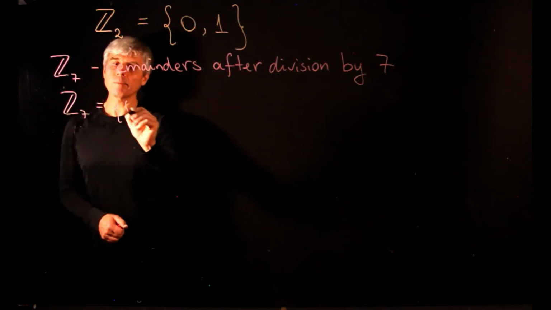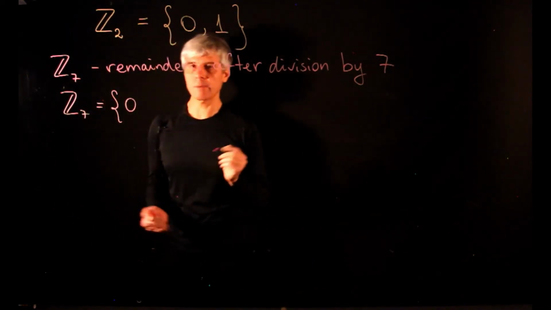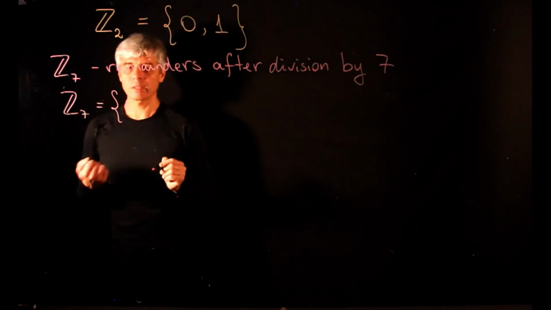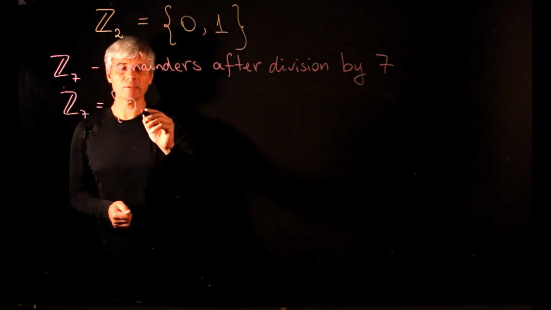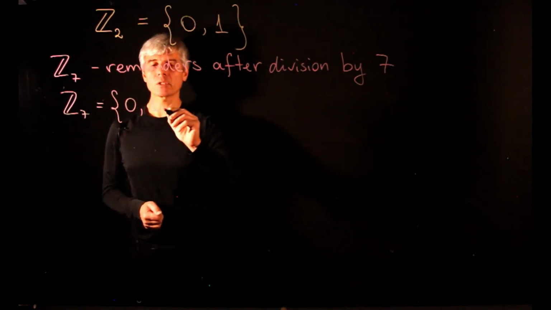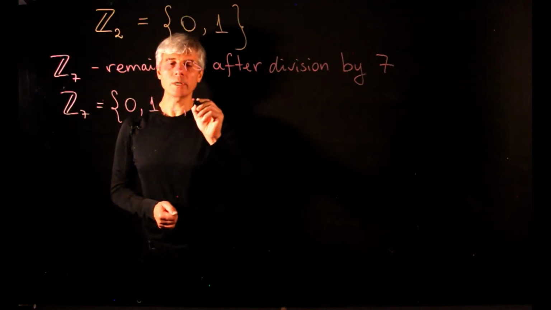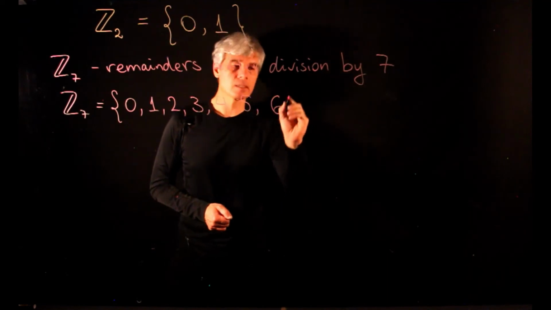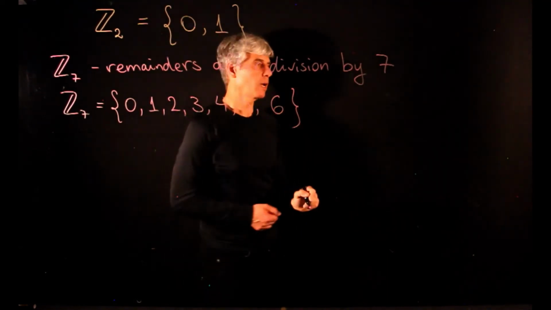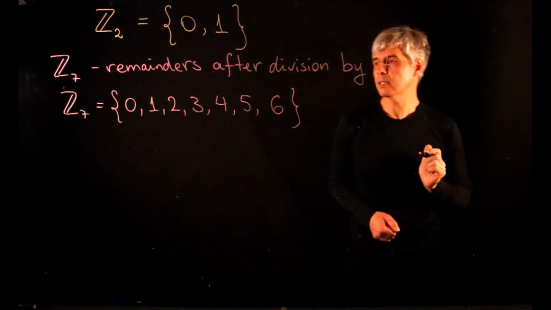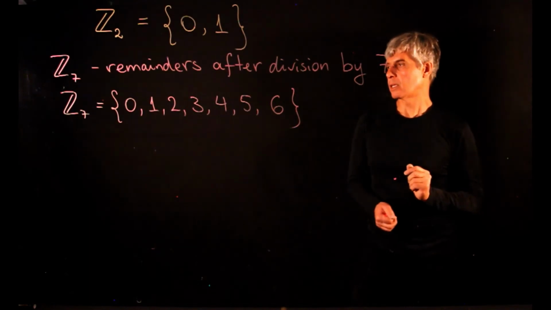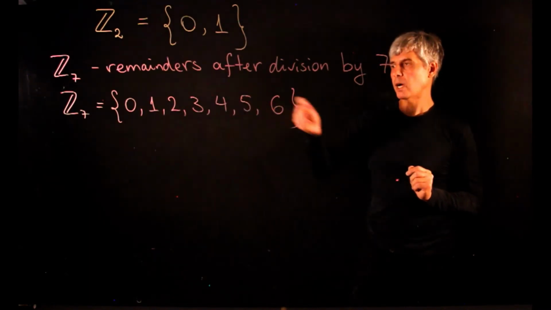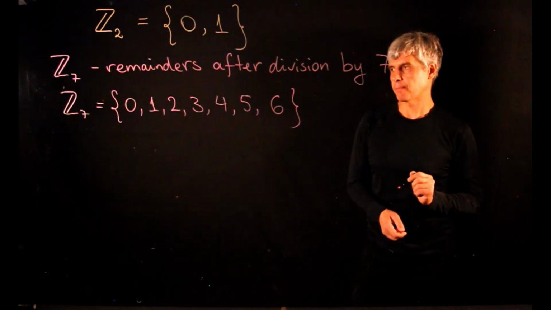So we could get the remainder of 0, right? If a number is divisible by 7, then the remainder after division by 7 is 0. We could have remainders 1, 2, 3, 4, 5, and 6. And when we divide by 7, the remainder must be one of these 7 numbers.